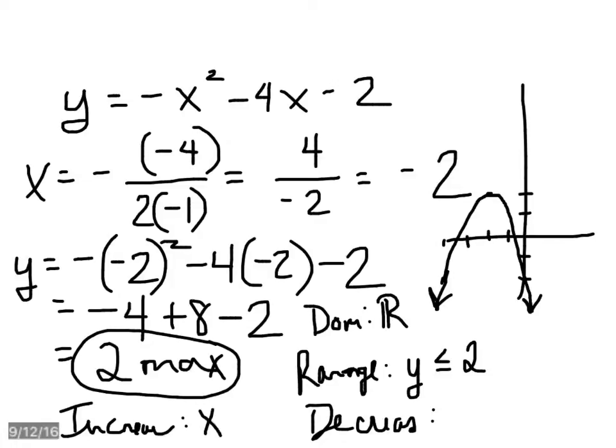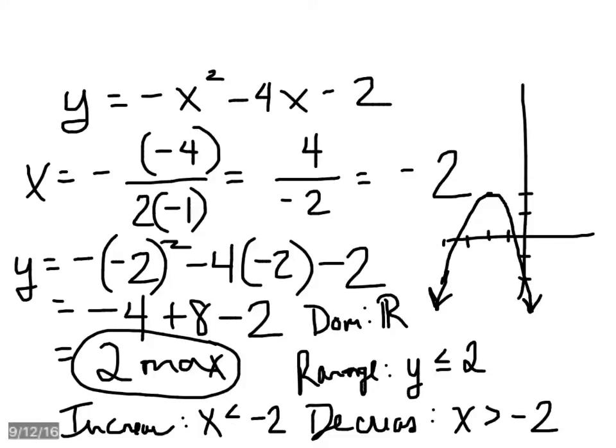So it's increasing when x is less than, not equal to, negative 2. And it's decreasing from when? When it's greater than negative 2. What does greater than negative 2 in that context mean? It means to the right. And less than negative 2 means to the left when it's on the axis.